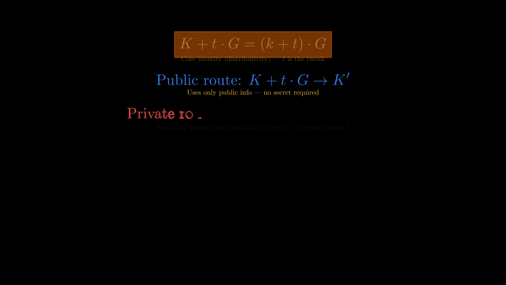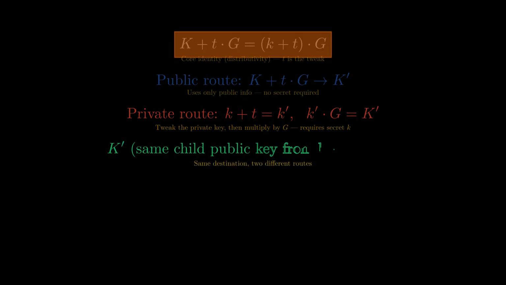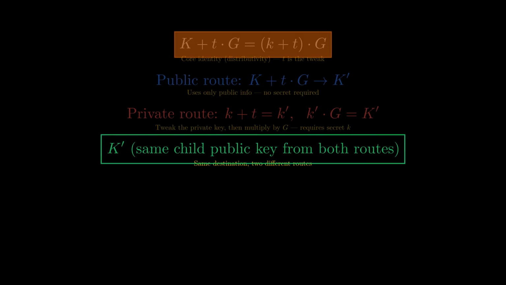That uses only public information. On the right side, we add T to the private key lowercase k, then multiply by capital G. Both paths land on exactly the same point, the child public key, capital K prime. Same destination, two different routes. One requires the secret, the other doesn't.